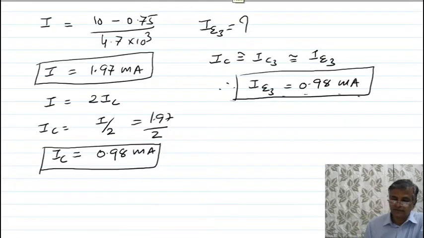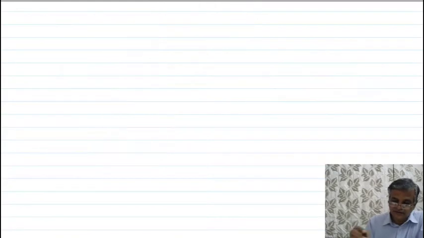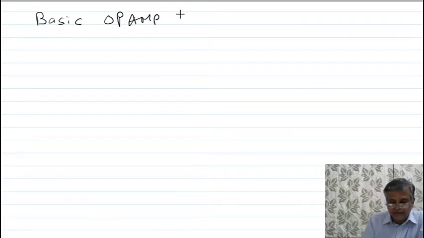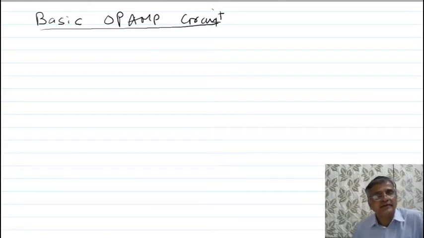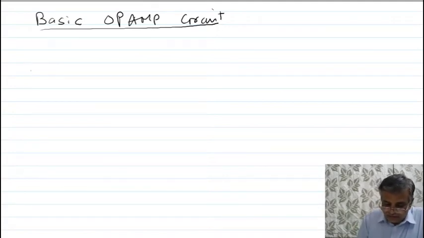Now I am discussing another topic. Basic inverting amplifier circuit, basic op-amp circuit, and then I am starting the summing amplifier. Look here, this is a basic inverting amplifier circuit I am showing.